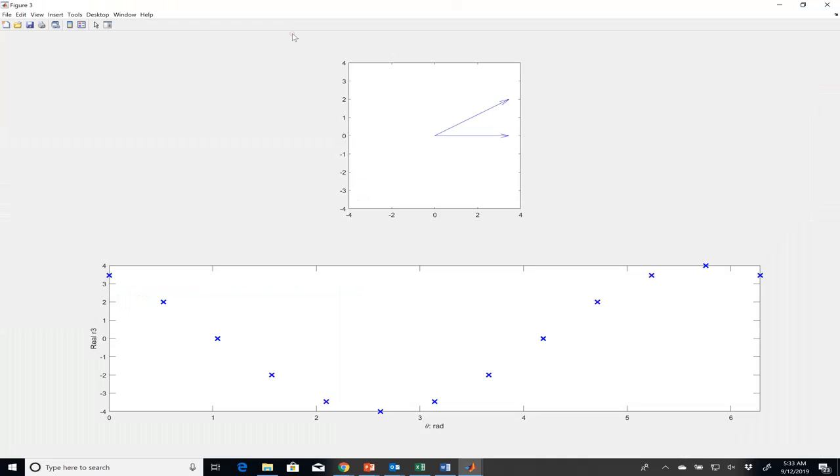And let's watch this evolve. So now I can see my static phasor is pointing straight down because of the minus j. My dynamic phasor rotates, and here's the real part.